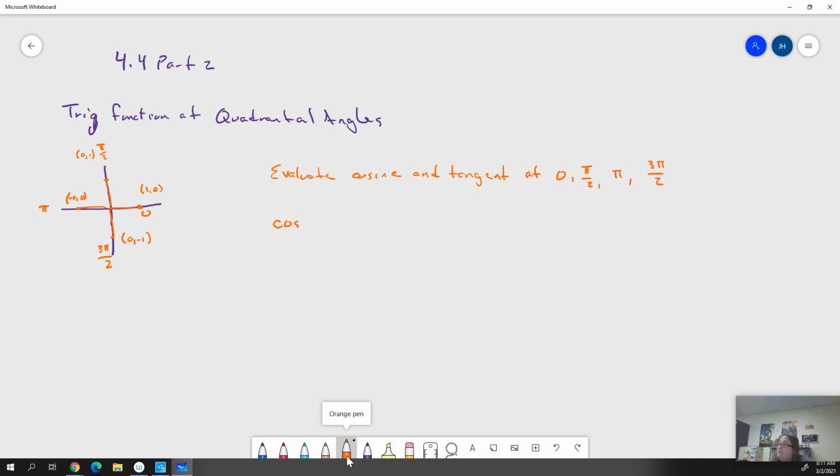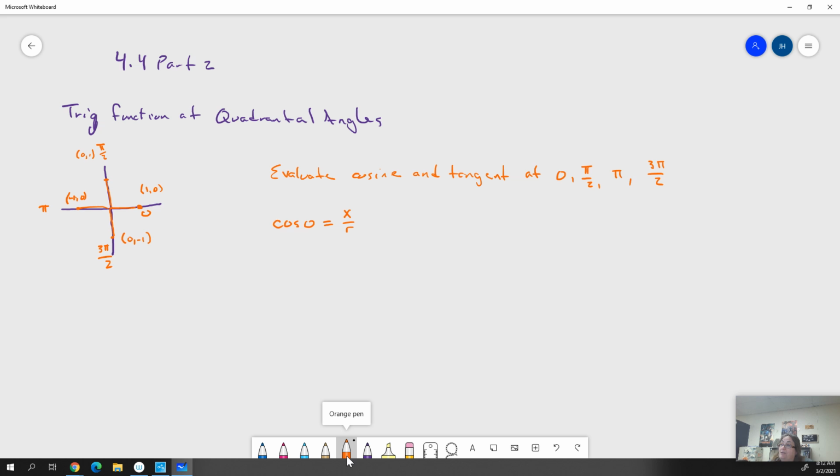If I look at the cosine of 0, based on what we did last time, if you look at your chart from last time, we know that that is just x over the radius. Now, here's the cool thing: with all the stuff we had to do before, we had to find what that radius was. But when we're talking about quadrantal angles, we already know the radius.